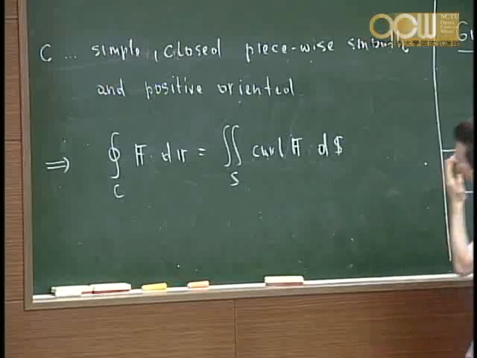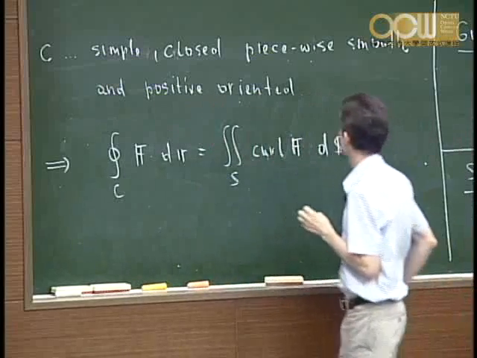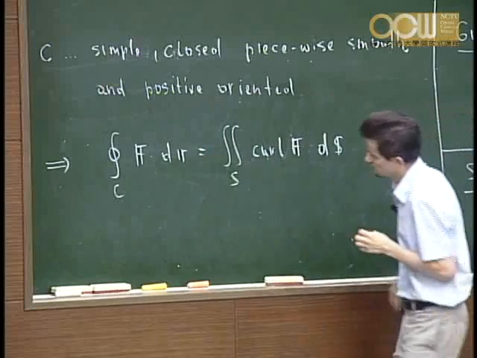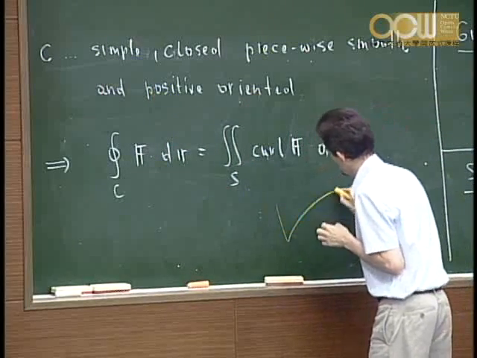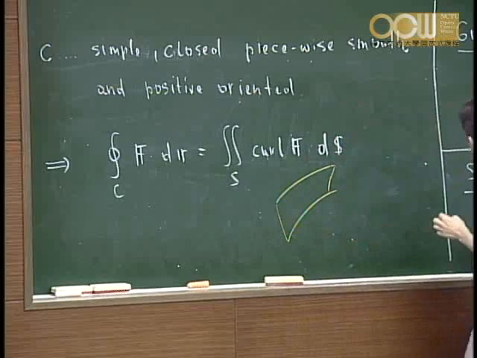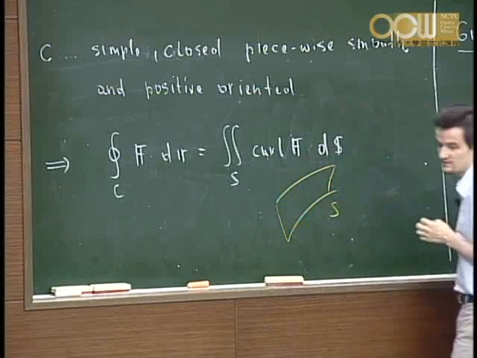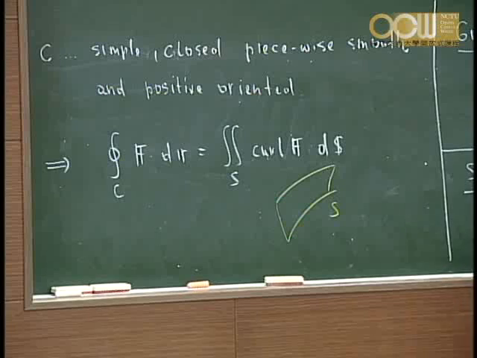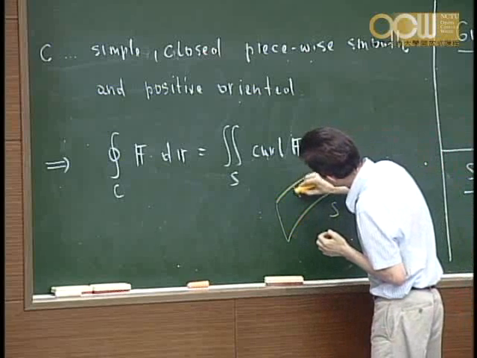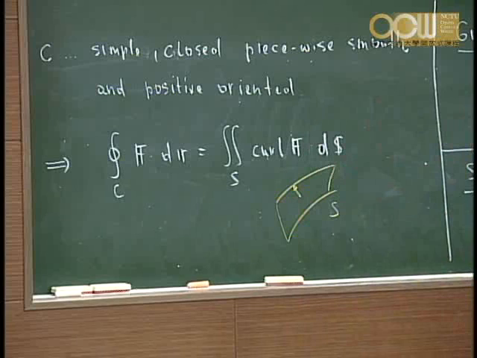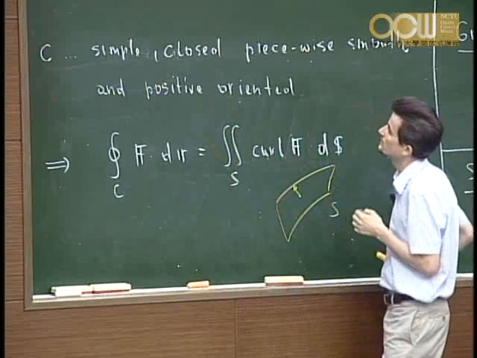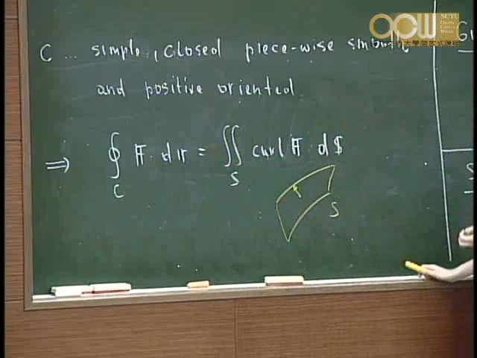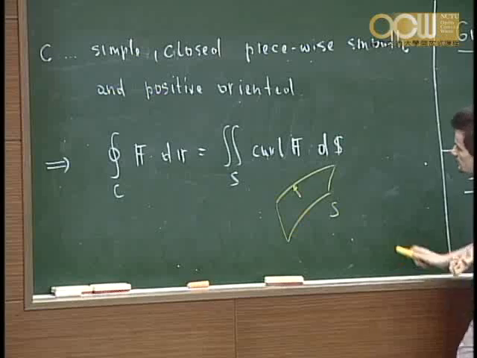Now the thing which I really have to explain is positive oriented. So what does this mean? Because we are now in space, we have a surface. This is our S here, and this surface has an orientation. So with this surface comes a normal vector. You see that the boundary, in this case, looks like it would satisfy this assumption: simple, closed, piecewise smooth.